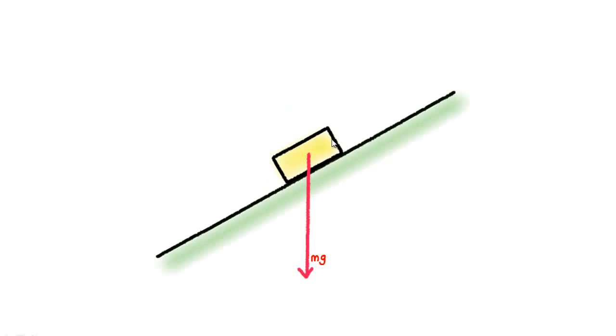Okay, this is a block resting on a slope. And of course, gravity is pulling it vertically downwards, so this is the weight of the block. Say I would like to resolve the weight into two components, one parallel to the slope and one perpendicular to the slope. So how do we do that?